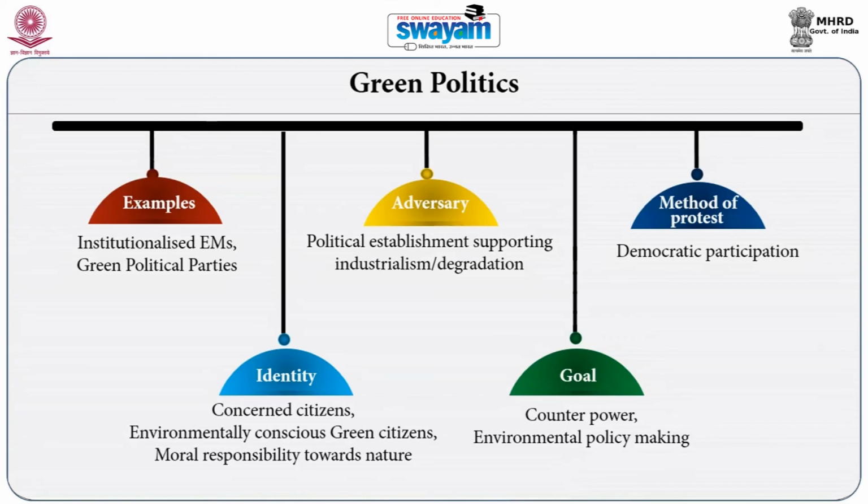Sometimes they work through institutionalized mechanisms, sometimes through democratic political systems. So the conventional definition, that social movements are anti-systemic and anti-institutional, somehow doesn't apply here, because many of them work along with the institution, many of them work along with the state.